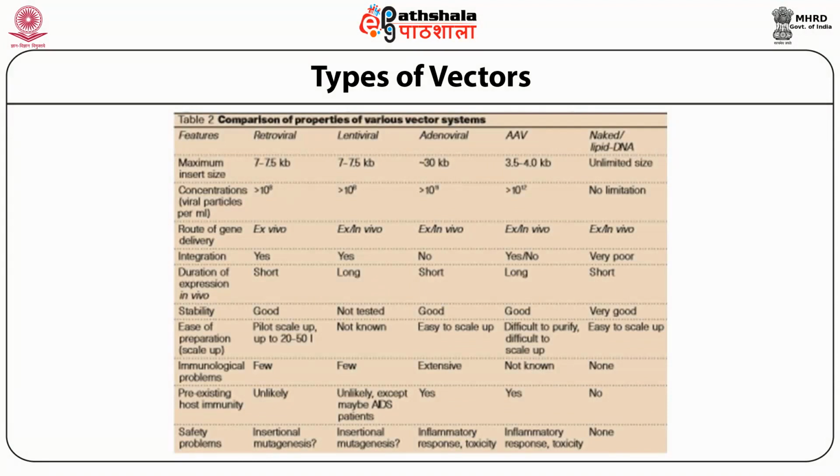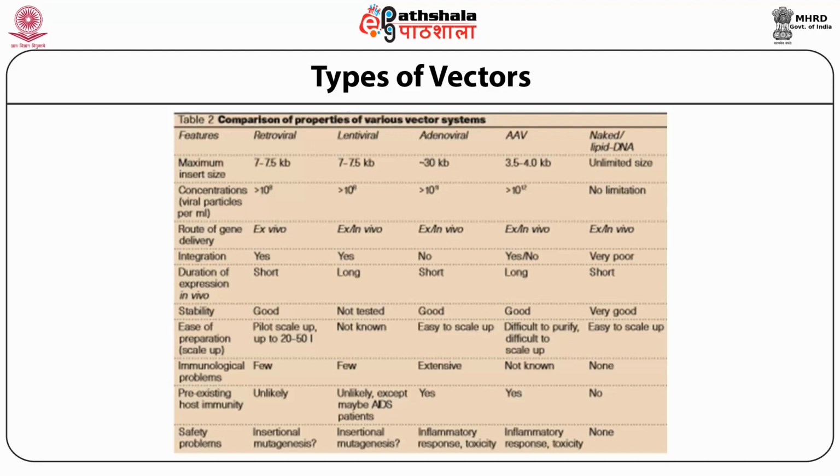This table is showing you the comparative analysis of viral vectors and non-viral vectors. As you can see in this table, non-viral vectors are very good at taking large amounts of DNA. Then they can be introduced by ex vivo as well as in vivo methods, and they have very good stability, are easy to scale up, cause no immunological responses, host immunity does not affect them, and safety is also much better than viral vectors.